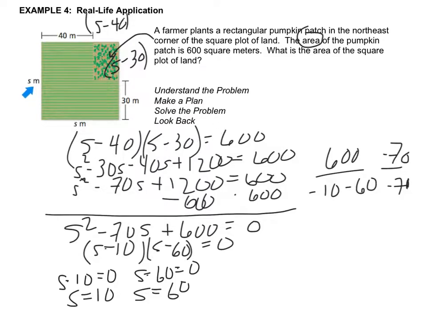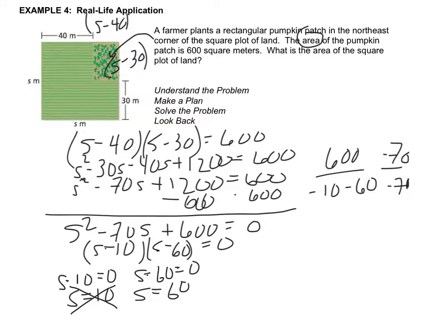Is that something that would even make any sense? And the answer is no, because we already have 30 on this side. Same thing here. If S was a 10, it can't possibly be 10 all the way across if it's 40 for this part right here. So we are going to say S equals 10 is not a valid answer, and we are going to throw it out.